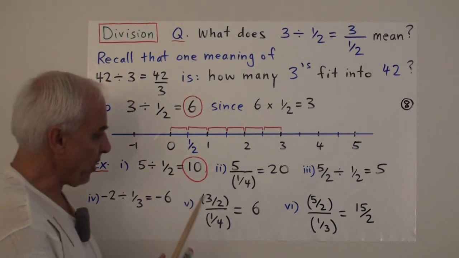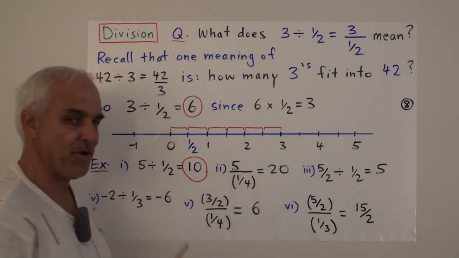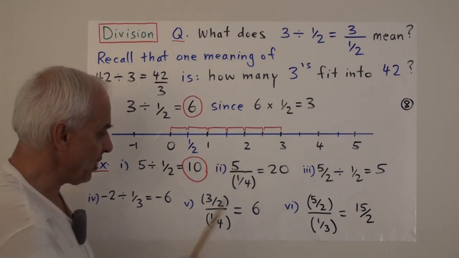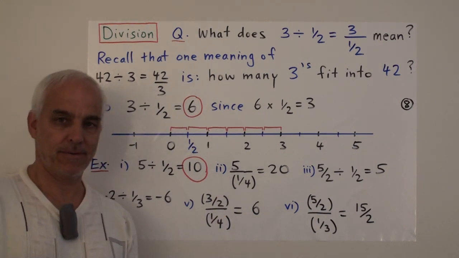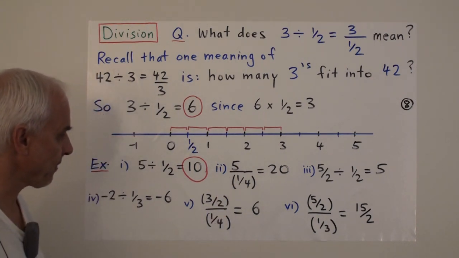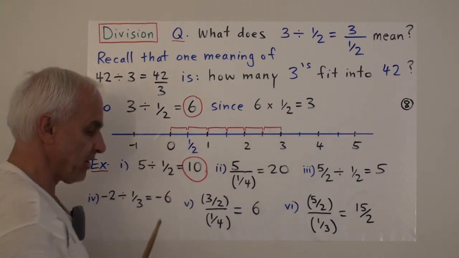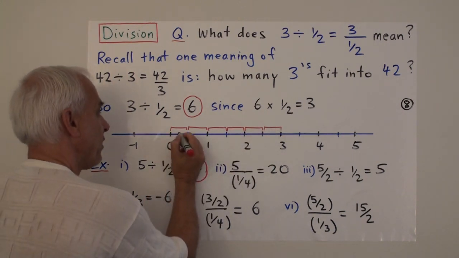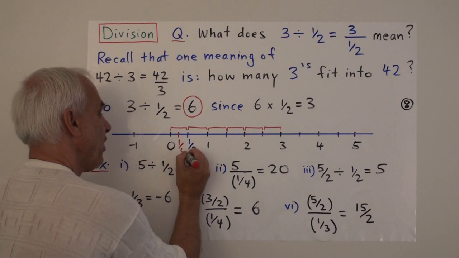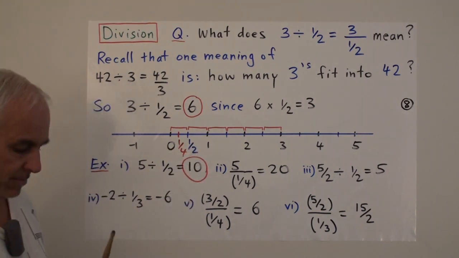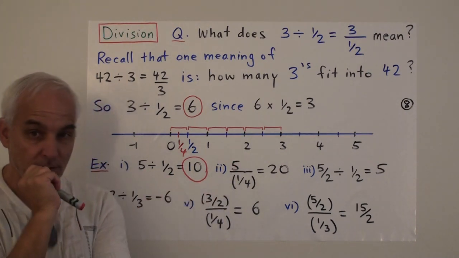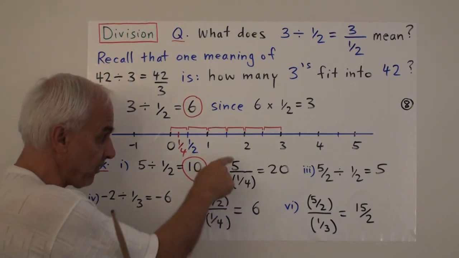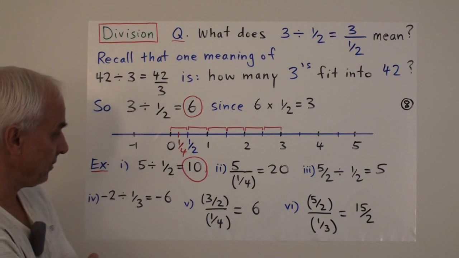Let's do another one with the other notation for division with the horizontal line. So 5 divided by 1/4. What's that going to be? Well, on this picture here, where is 1/4? Here's 1/4 right here. Okay, 1/4 is 1/2 of 1/2. So asking what is 5 divided by 1/4 is asking how many 1/4's fit into a 5.